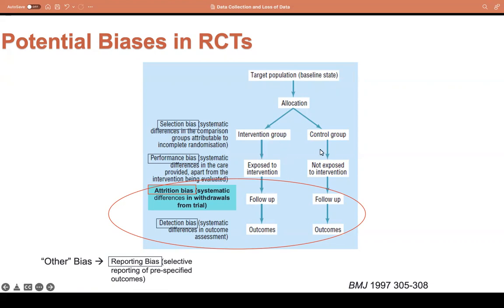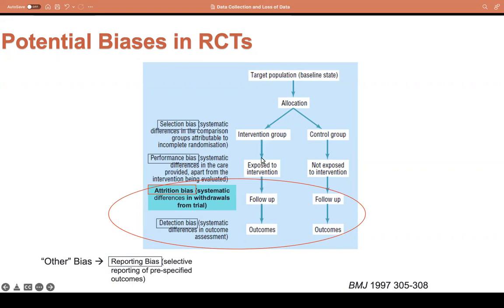People are then exposed to the intervention or not exposed to the intervention, and this is when performance bias can play a role, when people are receiving care apart from the intervention that is differential between the two groups. And then the two things we're going to talk about today.